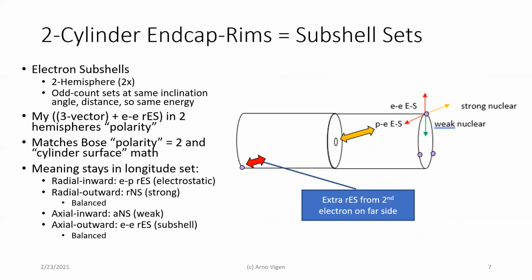First, in here on the right side, I've shown 3 particles in the right rim of a cylinder. The center oval is the nucleus. And on the far side, at 180 degrees, is that polyhemisphere pair with the red arrow making that extra side push out, okay? And stay generally at that.